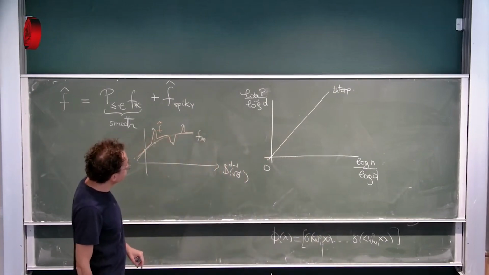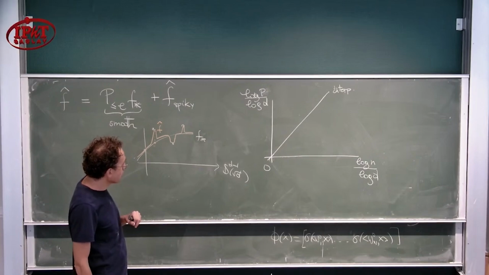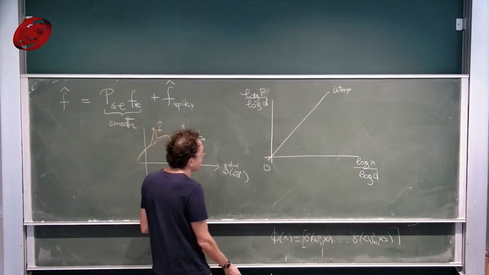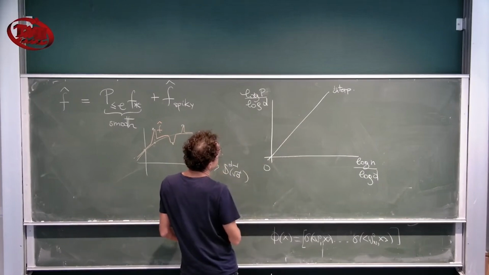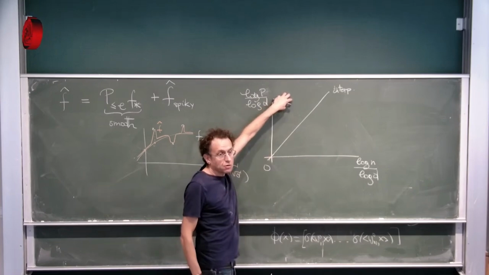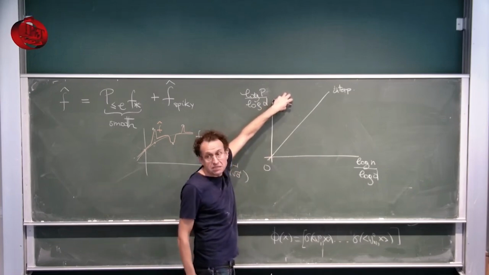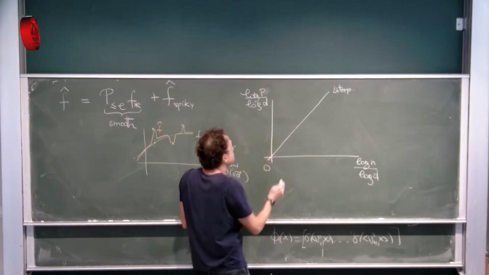On this side, the number of parameters is much larger than n.